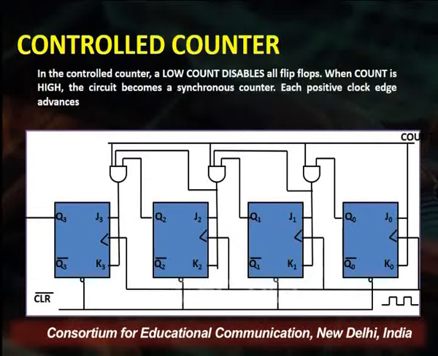After that, the high signal that we have can be either 0 or 1. Till the time the high signal is 0, the values of all the flip-flops, that is J0, K0, J1, K1, J2, K2, J3, K3, is 0, 0.